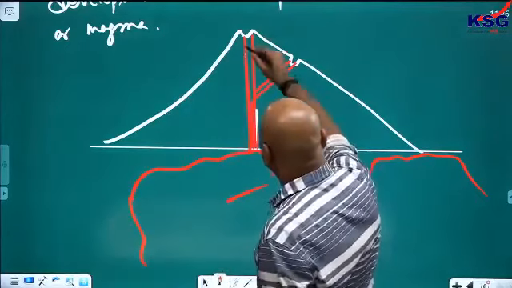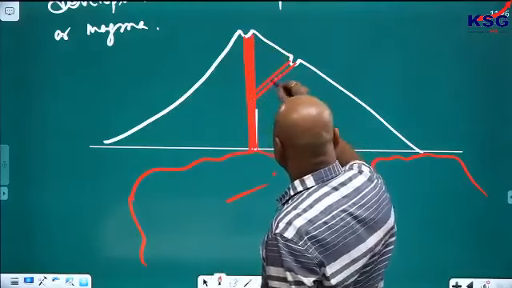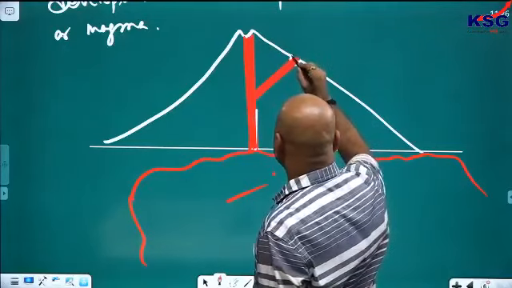Look at here how the deposit is there in this case.